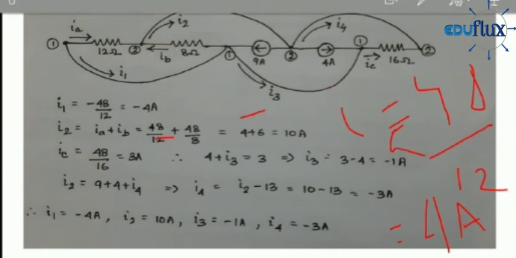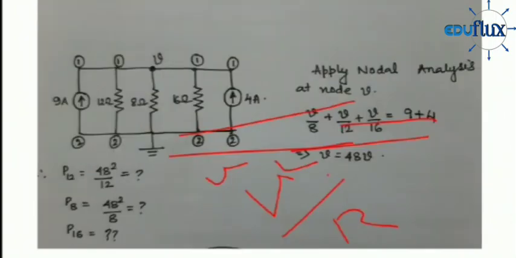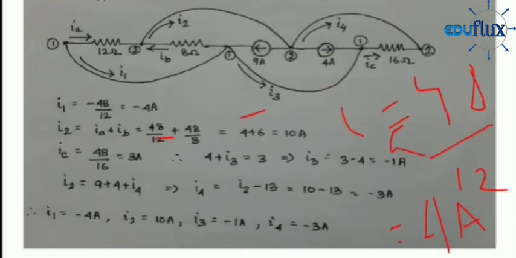So I2 is nothing but IA plus IB. Now IA we already know it is 4 amperes, and IB, if you see, is again the current between 1 and 2, so it is 48 by 8, which is 6 amperes. So the total current I2 will be 4 plus 6, that is 10 amperes.